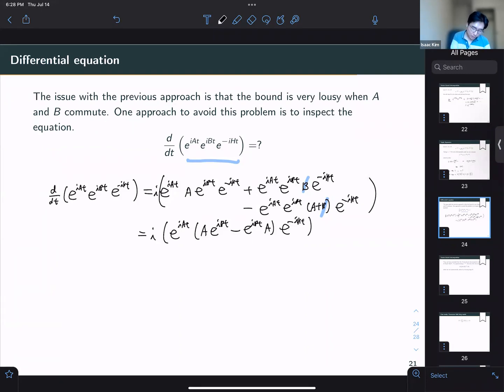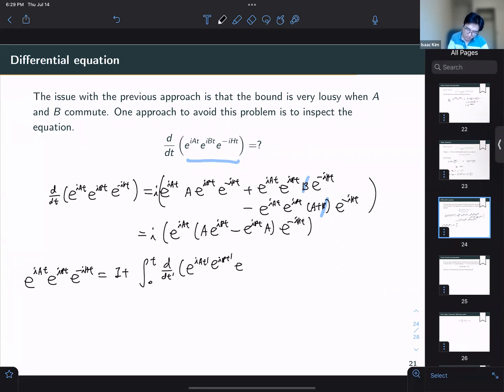And here's the thing. We can simply rewrite this as identity plus the following expression.